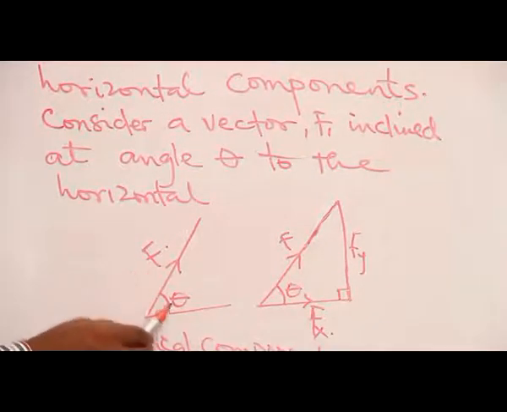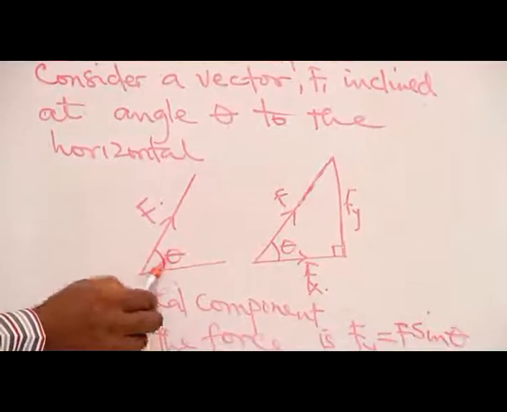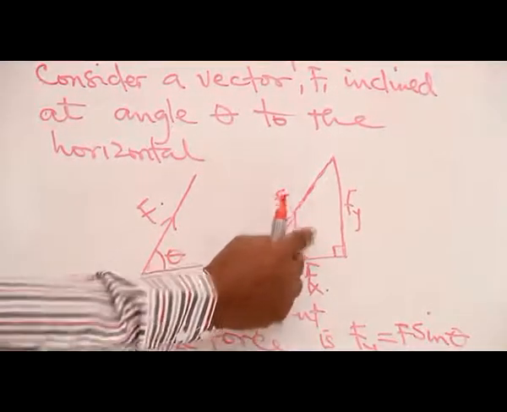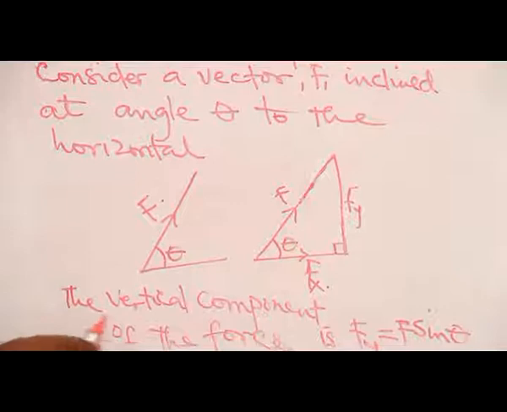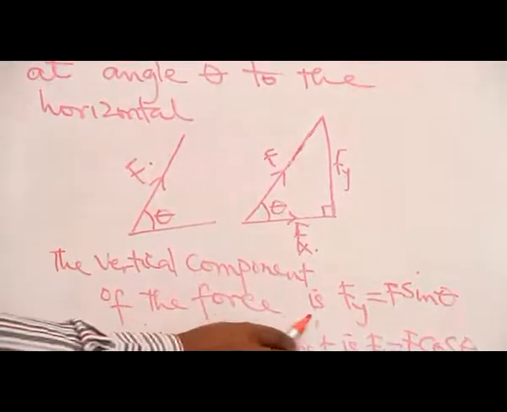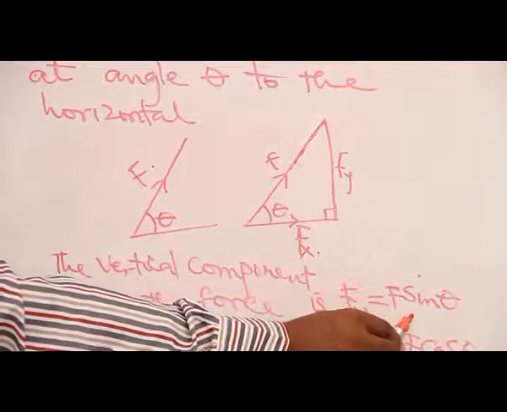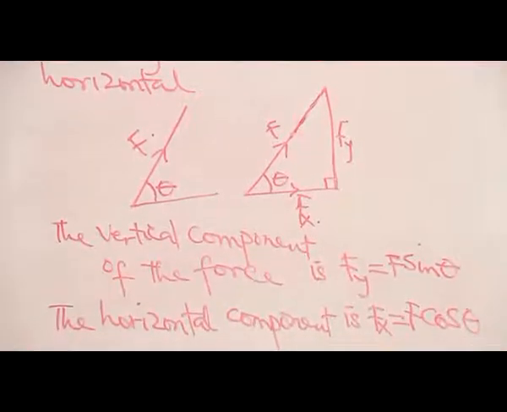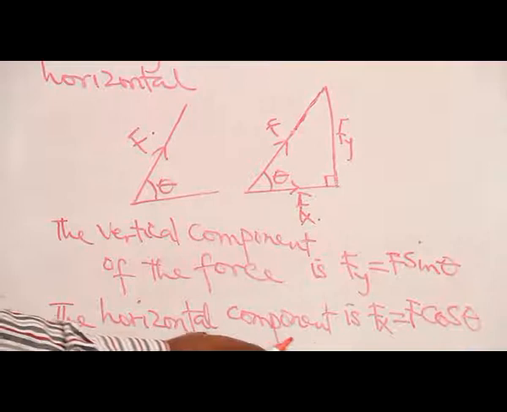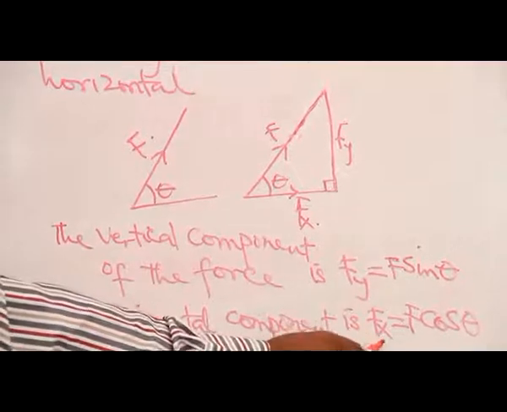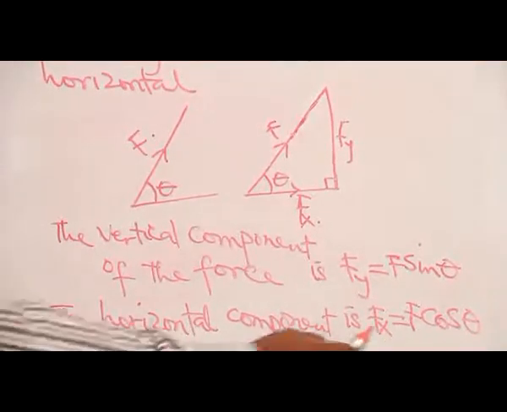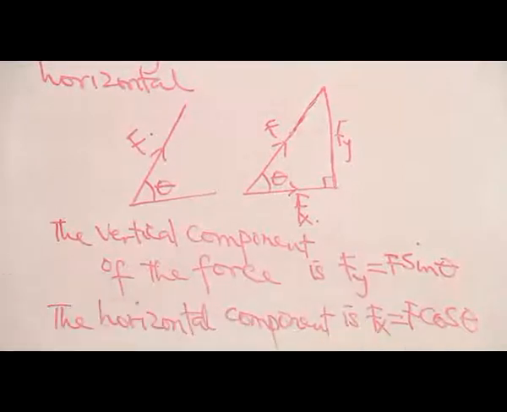By the time we complete the right angle triangle, the vertical component of the force is F sub y, and this will give us F times sine theta. The horizontal component of the force is F subscript x, and this is equal to F cos theta.